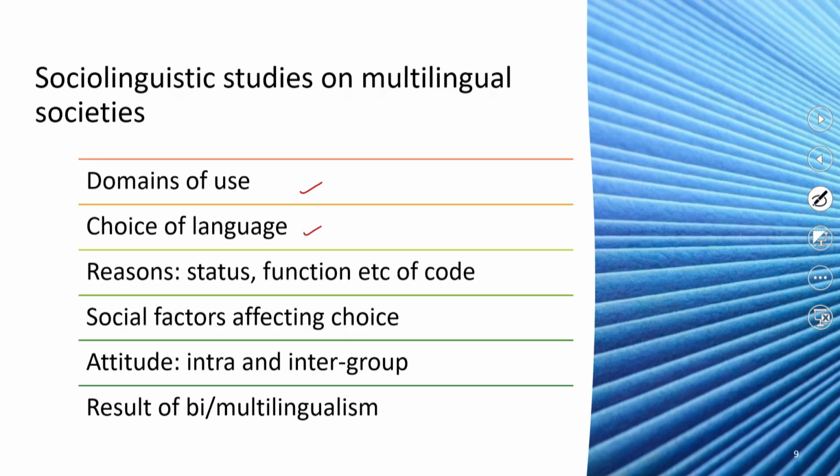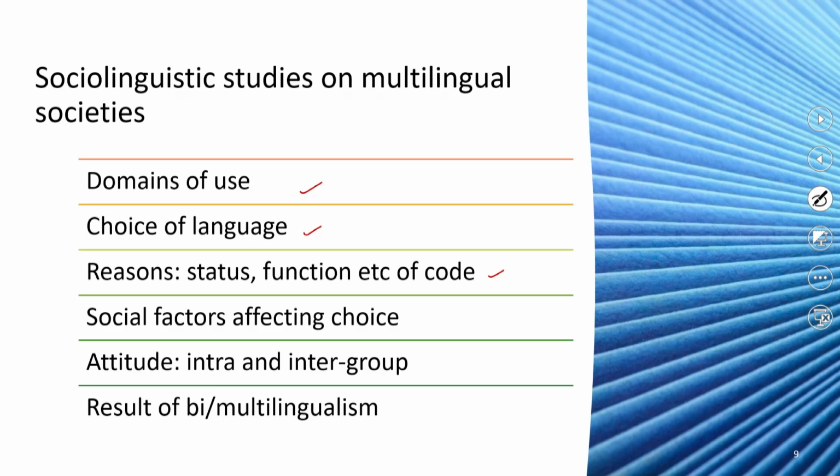Then there is the choice of language. When you have a choice, when it is not forced on you, how do the speakers behave? Do they choose to use one language because it is considered prestigious? Sometimes they switch from L2 to L1 simply because they want to show solidarity. So, how does choice work in a multilingual society based on these kinds of parameters? Function is of course one kind of fixed domain, because for formal purposes you have to use a particular variety.